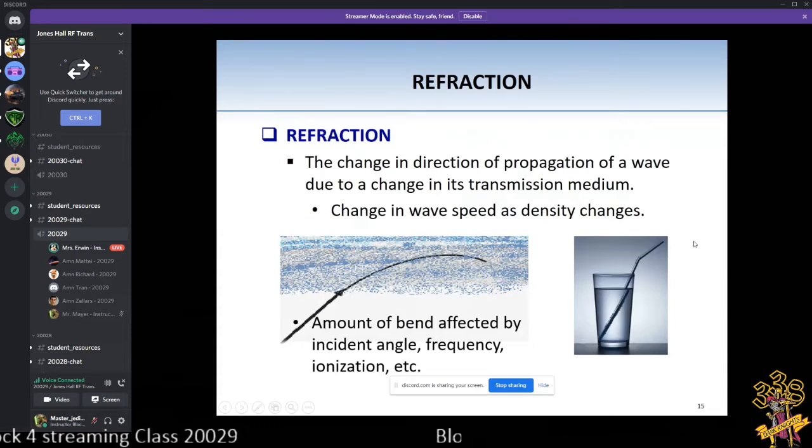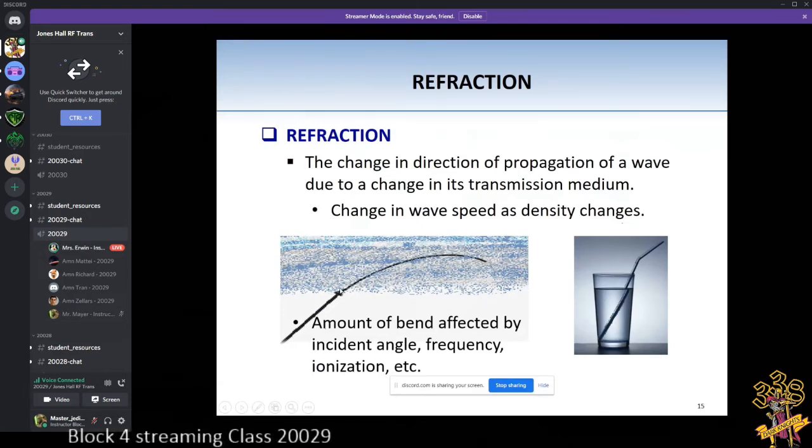Here you see the straw in the glass of water. Here you're looking at the straw in air. Here where it enters the water, light rays change because the density of the water is different from the air. So it bends what you're looking at. The straw is actually still in the same place, but it bends it as far as what you see.